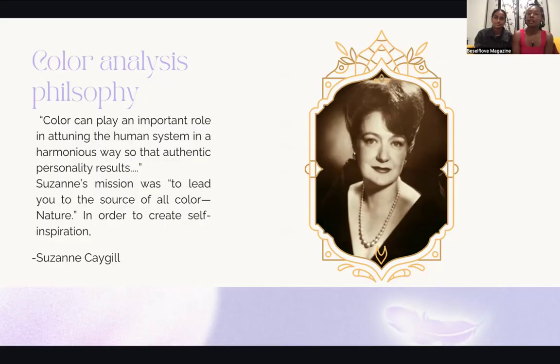And with the tool of color analysis, it's a tool to turn up the dial in the sense of seeing clearly who you are through color. So, because certain colors naturally harmonize with your natural features, it can amplify your authentic self and help you to see more of yourself and what's authentic to you.